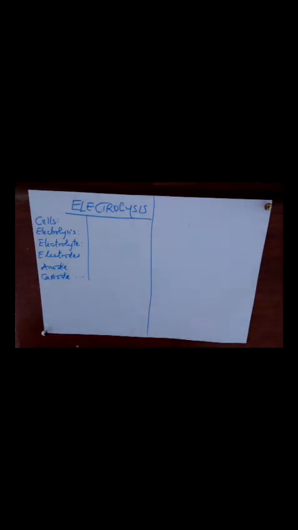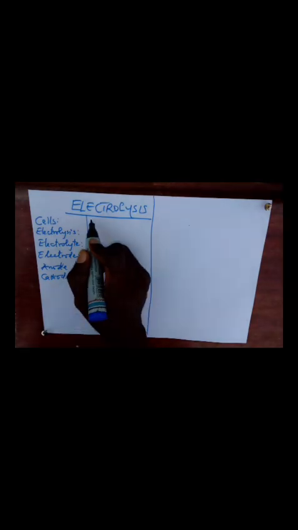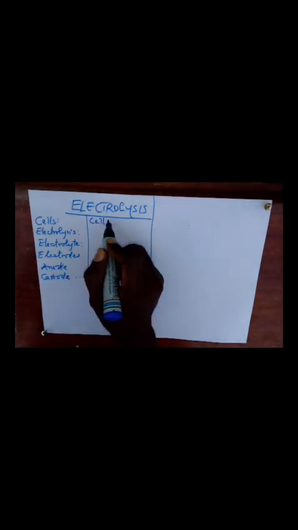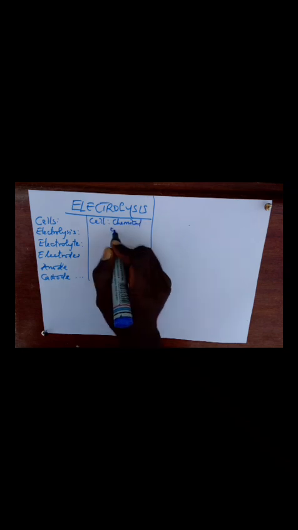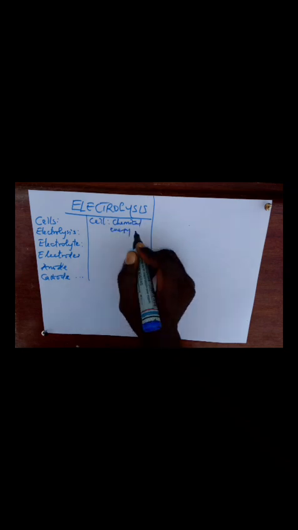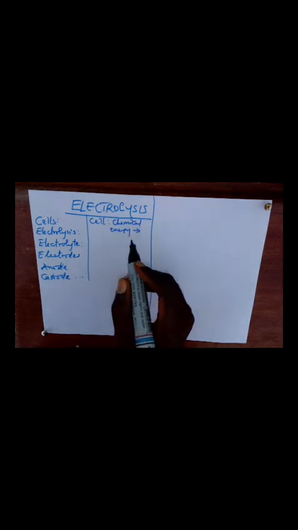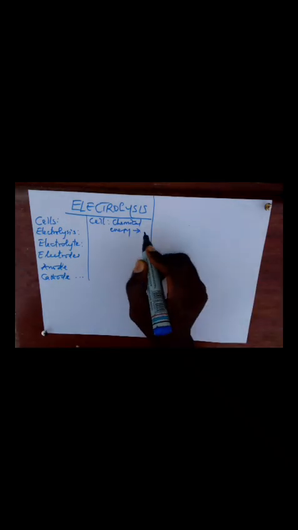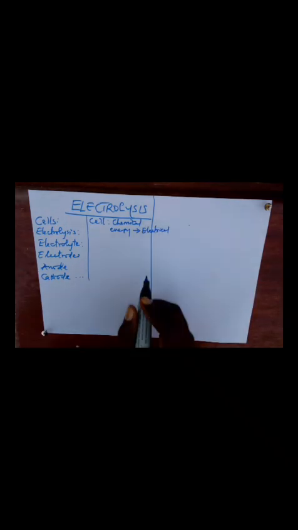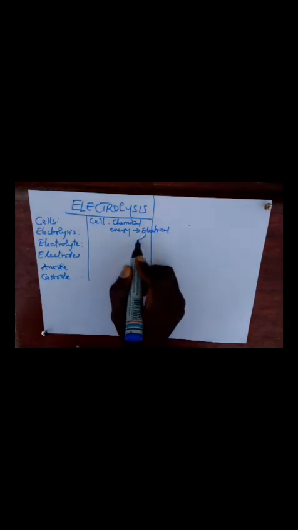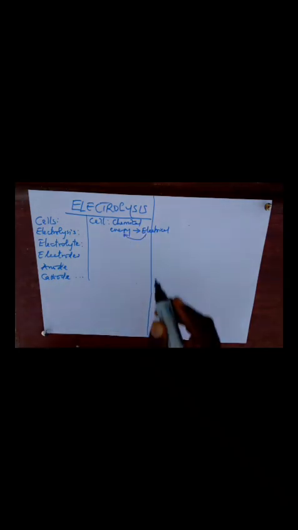Cell has to do with chemical energy, either converting chemical energy to electrical energy or converting electrical energy to chemical energy. So it's a cell that does that.